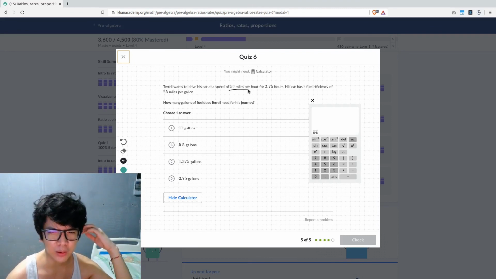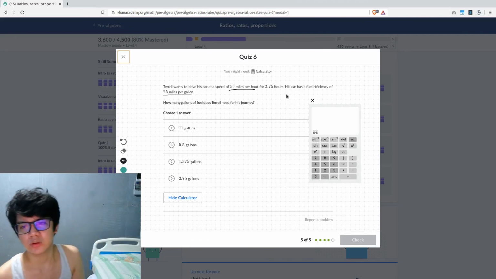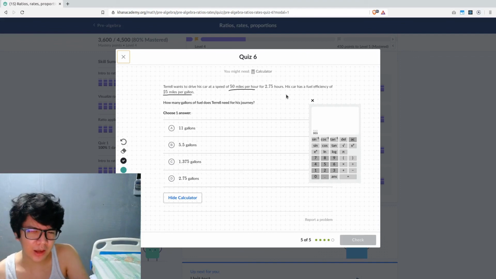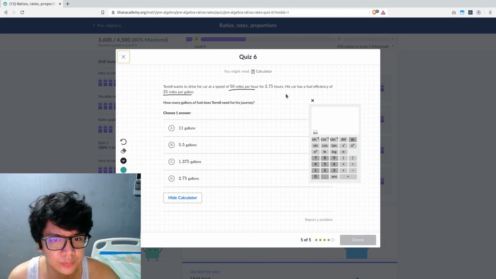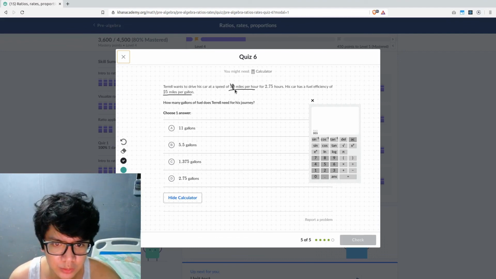But this is per hour. 25 miles per gallon. I'm a bit confused. How many gallons of fuel will... Wait, what?